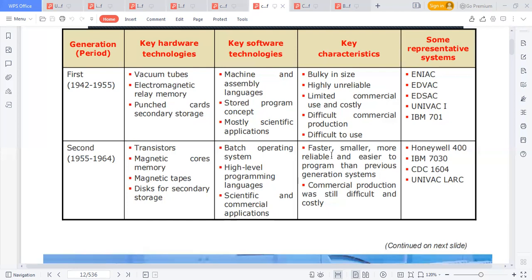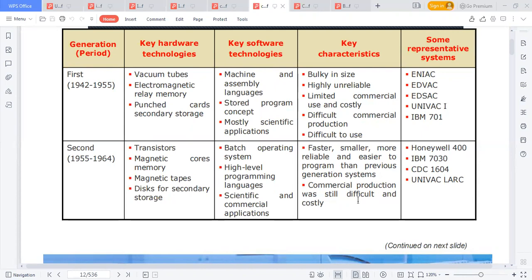The key characteristics were that it was faster, smaller, more reliable, and easier to program than the previous generation. Compared to the first generation, the second generation computer was much faster, smaller, and more reliable. Commercial production was still difficult and costly, like the first generation.